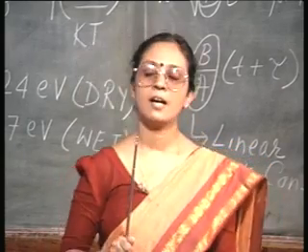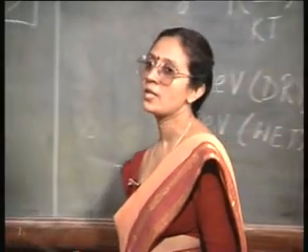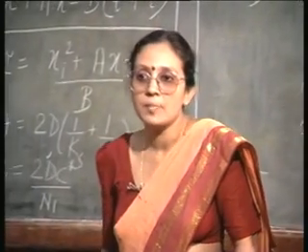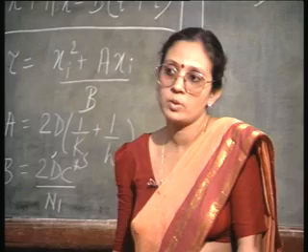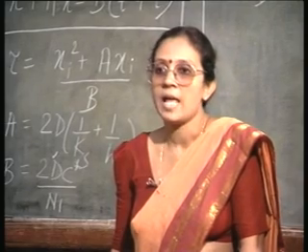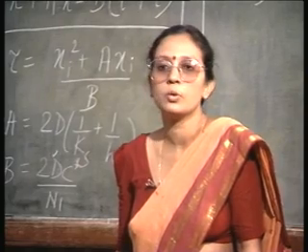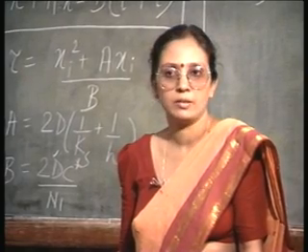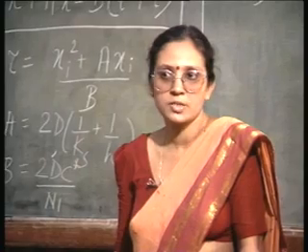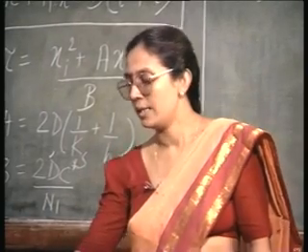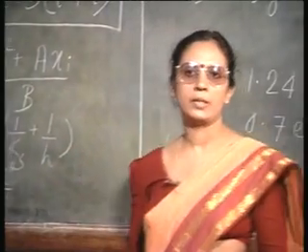This is almost the only place where there is a deviation between Deal-Grove's model and the experimental curves. Otherwise, Deal-Grove's model holds up very well. Okay? It holds up very well. It can explain all the experimental data.